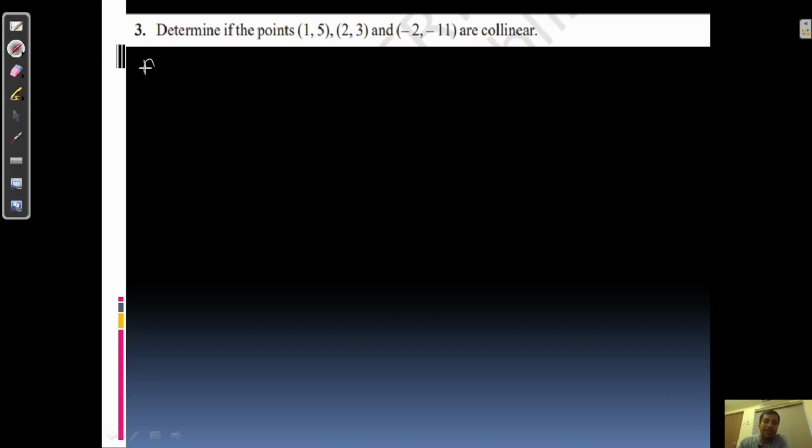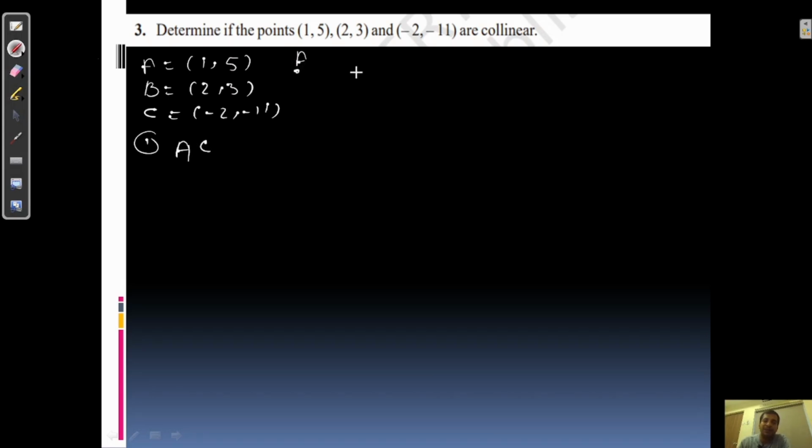Let us say point A is actually (1, 5), point B is (2, 3) and point C is (-2, -11). So in the first case we are going to find AB. Just look at the figure.